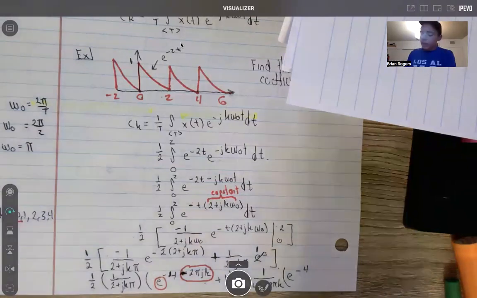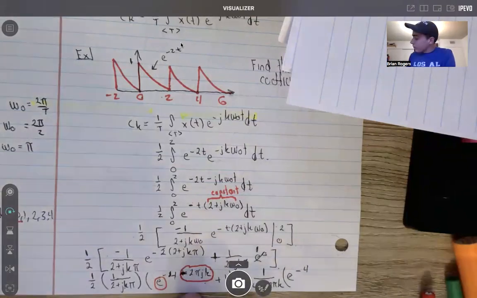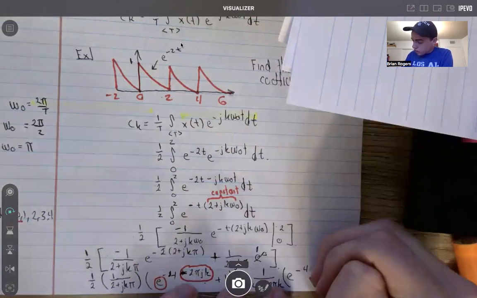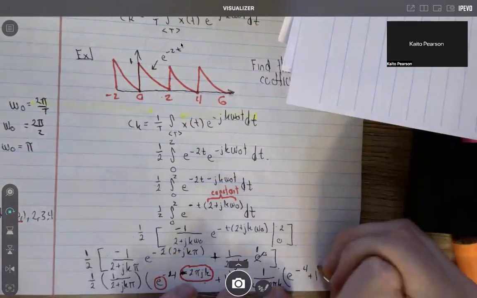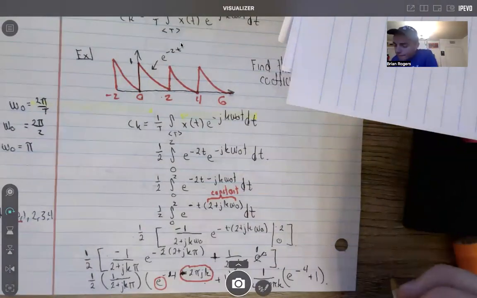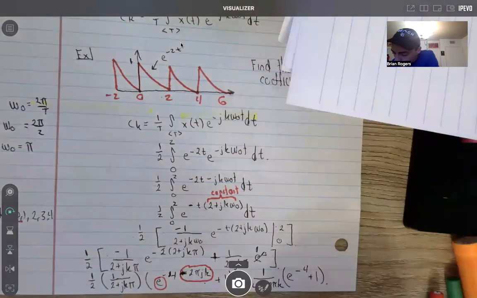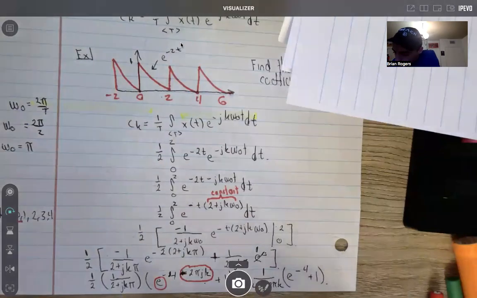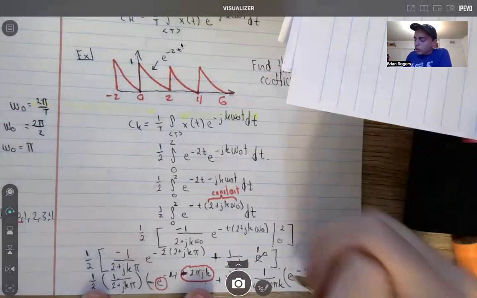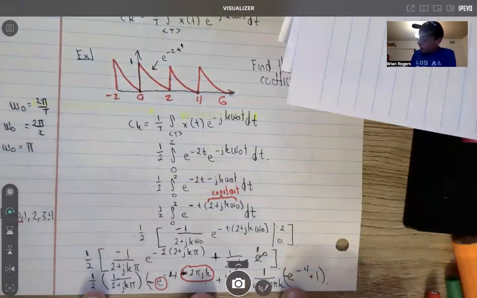And so it'll give you e to the -4 and then plus 1. That's what you would get here in particular. Oh, I just forgot this minus sign in front here from this one. So it would be negative. Okay, so then here we got our answer.